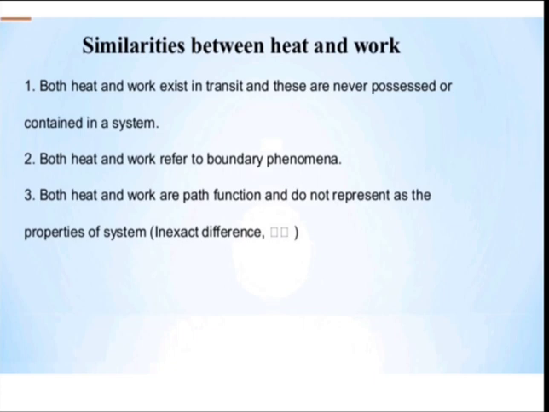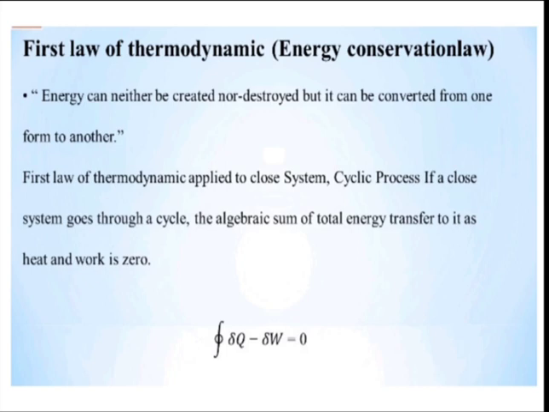Then the first law of thermodynamics, or the energy conservation law. You know this very well. Energy can neither be created nor destroyed, but it can be converted from one form to another form. The first law of thermodynamics is applied to a closed system in a cyclic process.